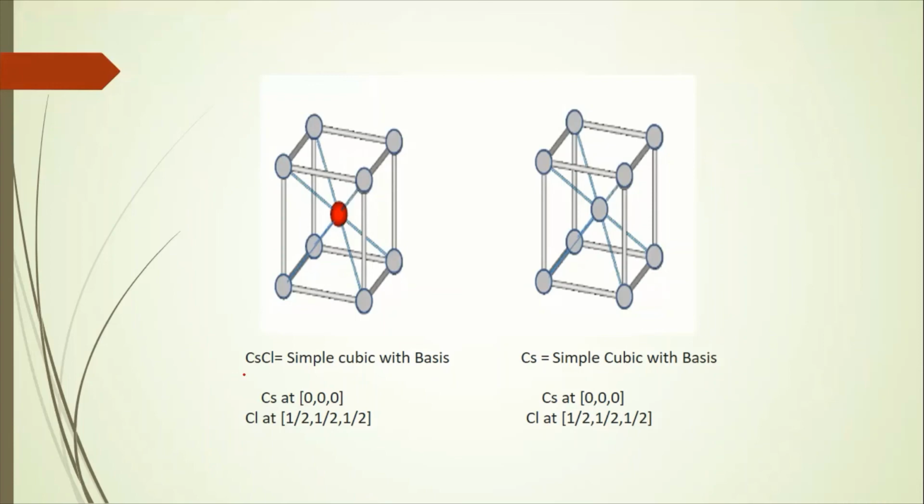So it will be a simple lattice with the basis, because there are two atoms, this one and this one, a simple cubic with the simple basis, because Cs at 0 0 0 and Cs at one half, one half, one half.